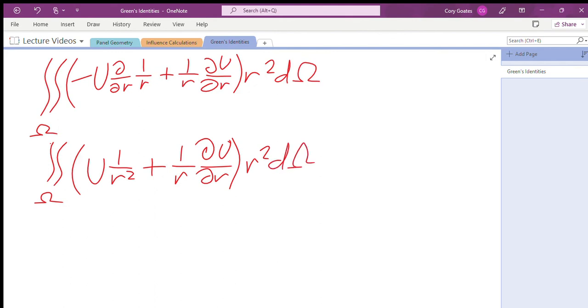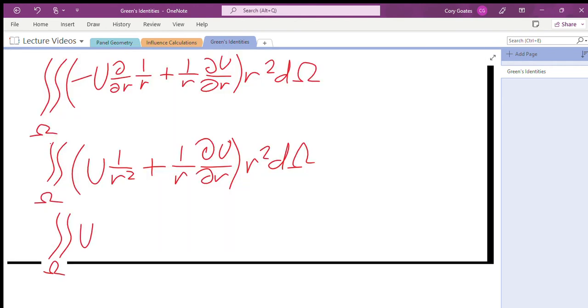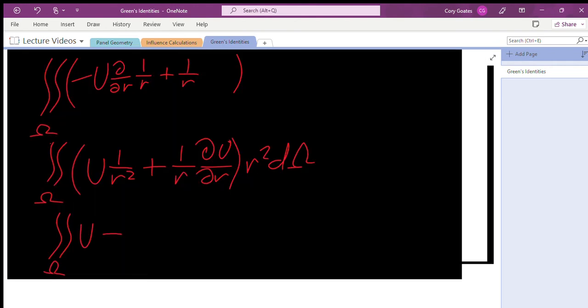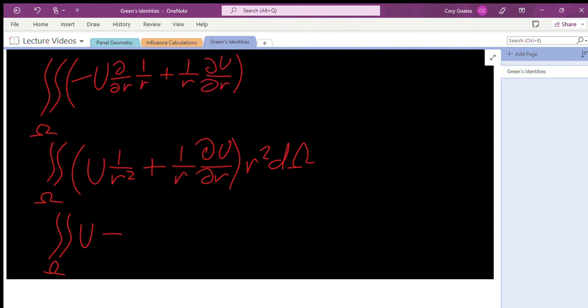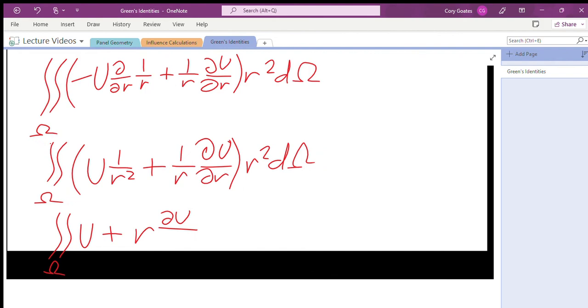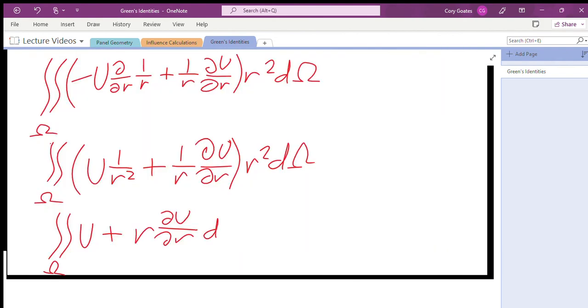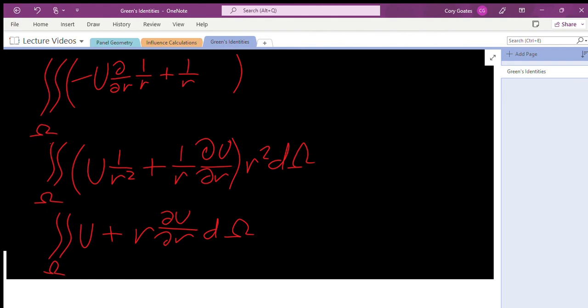Okay, let's bring the r squared inside the parentheses, and that will give us the double integral over omega of u, the whole r term just goes away, ain't that convenient, plus r times partial u partial r d omega. Okay?